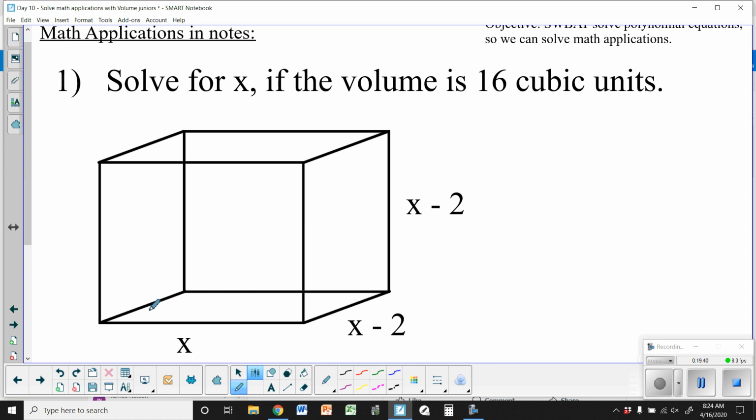Now, to help you draw this out, to draw a cube, what I find useful is you just draw the first side. You draw a rectangle, and then you can draw these three lines back at the same time, at an angle, and then you just connect the tops.